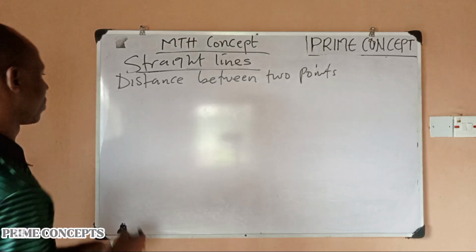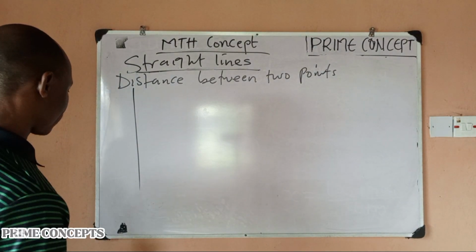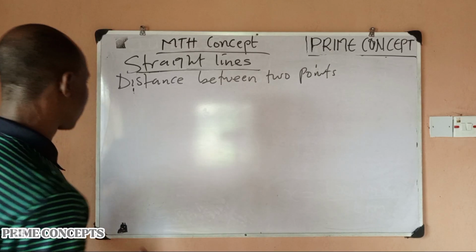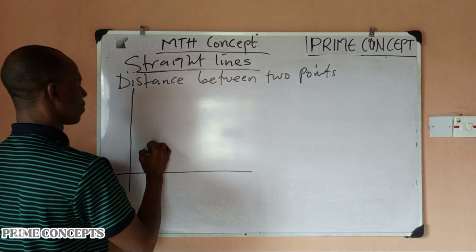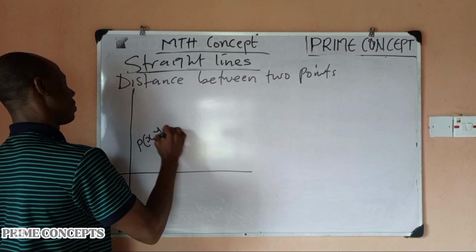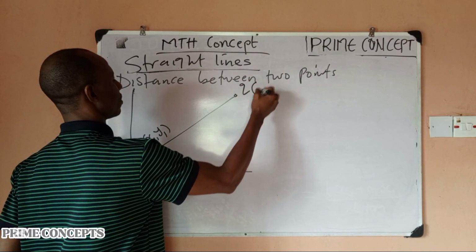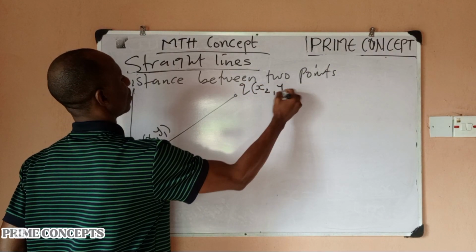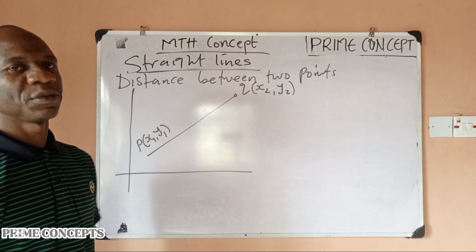We're going to take some arbitrary points in space. This is our Cartesian coordinates. Say we have point P, (x1, y1), and then we have another point Q, given by (x2, y2). So these are 2 points in space, and the line connecting them is a straight line.